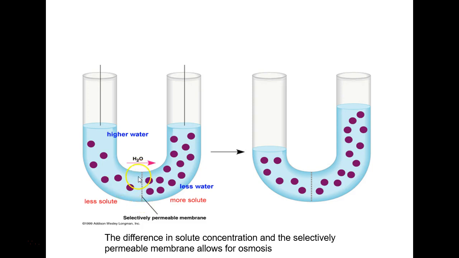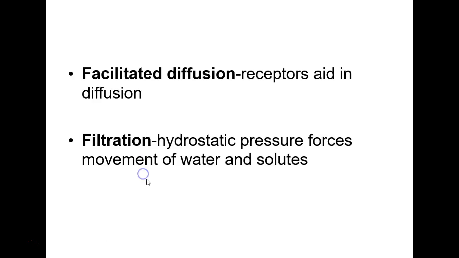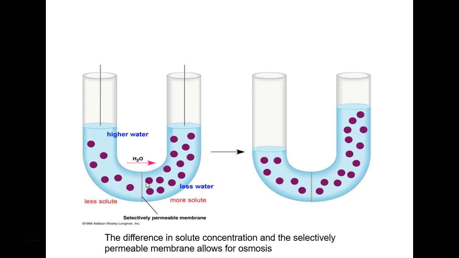Now, don't pay attention to the way this is written right now, but let's just say you got a bunch of sodiums over here and not many sodiums over here. But the sodium, if it could get across this membrane, then it would just go down its concentration gradient until you had about the same amount of sodiums on each side. So nothing would happen to the water level because then you would be equal.